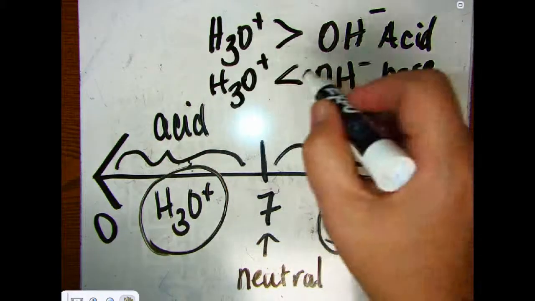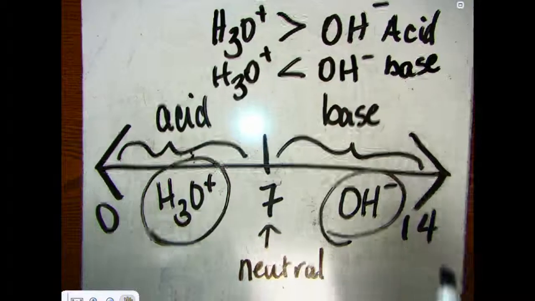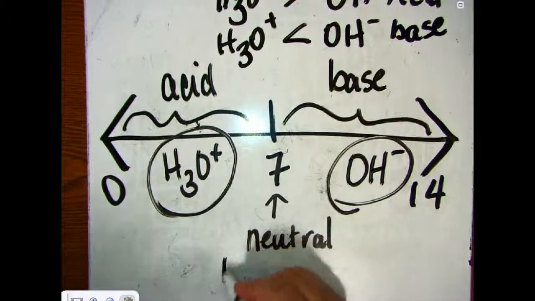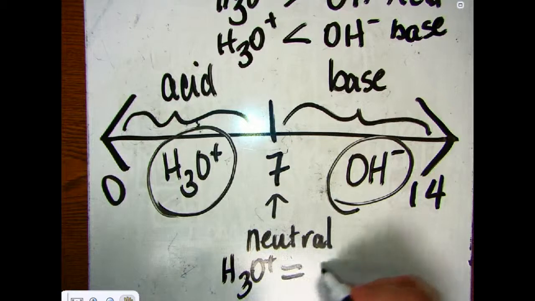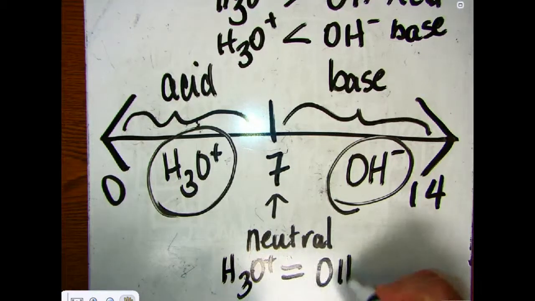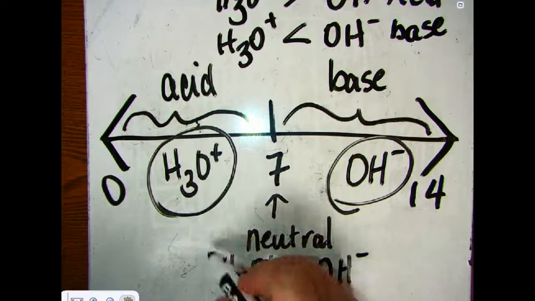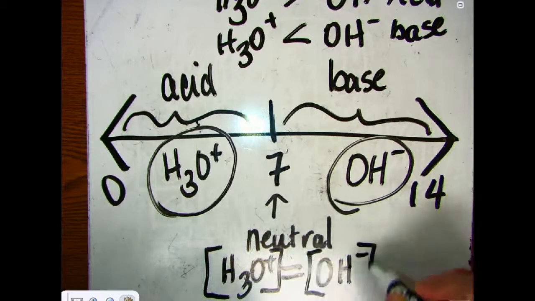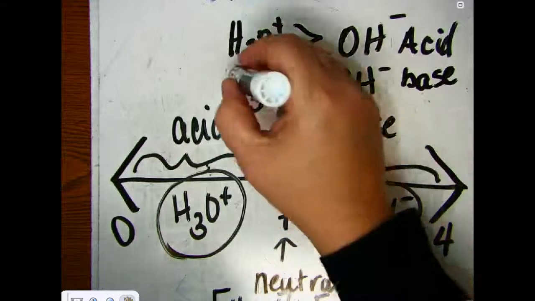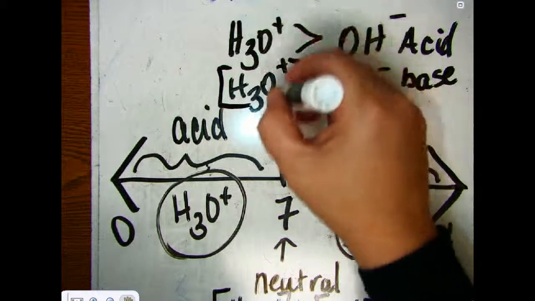And if they're equal, then it's neutral. So in the case where hydronium equals OH, it's neutral. And usually it's written like this: the concentration of, that's what the square brackets mean, concentration.